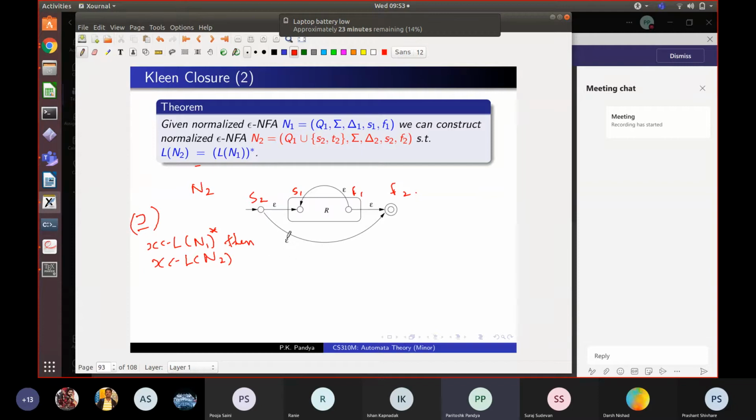For that, what do we say? So we say that suppose there is some X which belongs to the language of the Kleene closure of N1. So that means what? X is of the form... there are two cases. So let me write this in blue. Case 1. When does a word belong to the Kleene closure of a set?